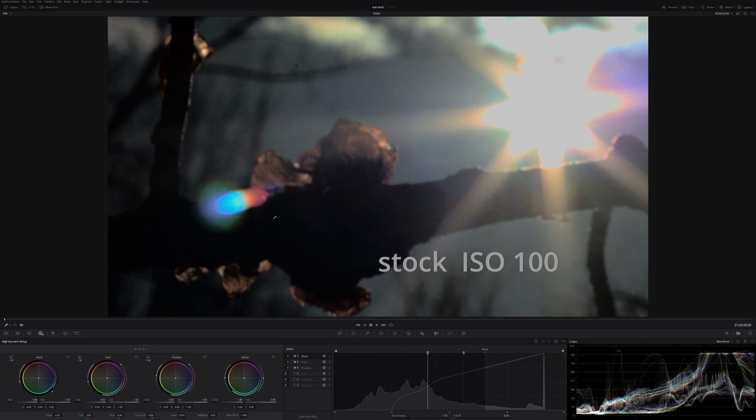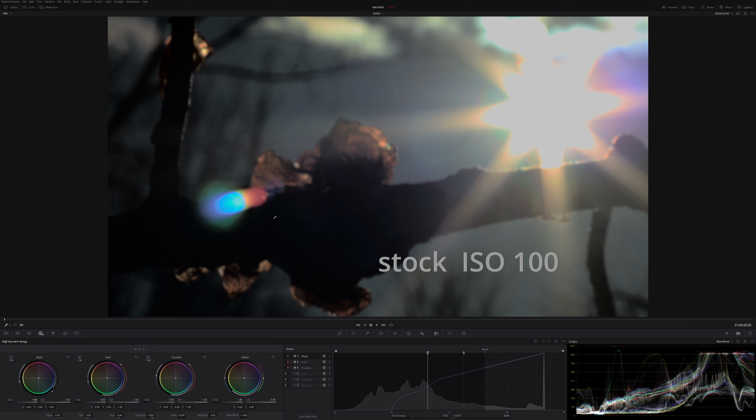Now, you won't really be able to see the difference in noise level in these images because I have already graded the footage to my taste, and I wanted to have a very filmic look with the really deep blacks, and everything is nice and punchy and vibrant and beautiful.